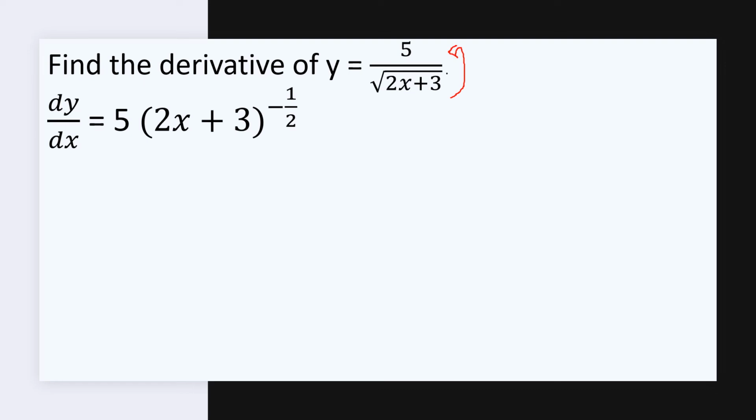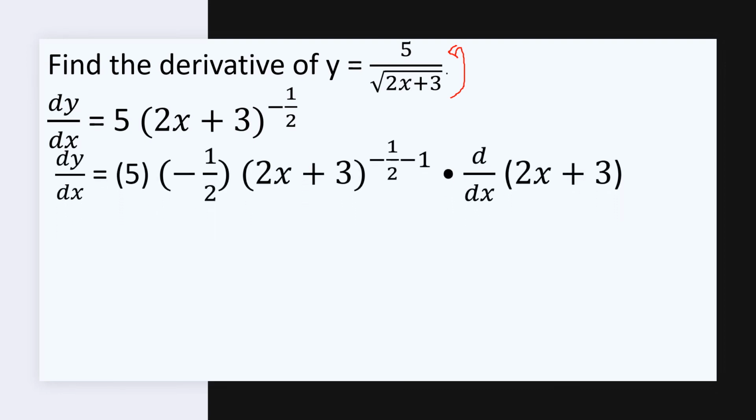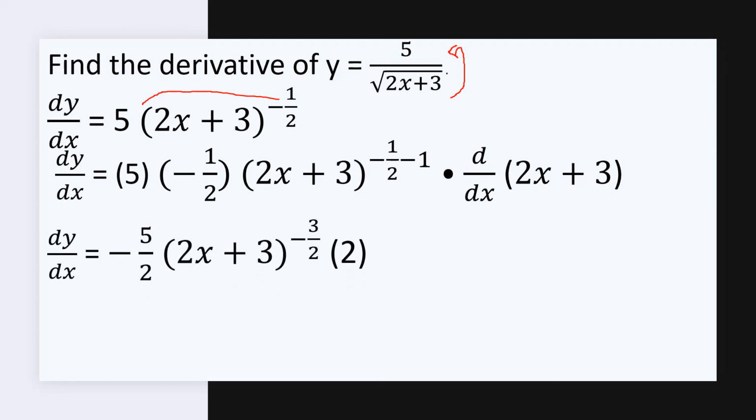Negative 1/2 times 5, then negative 1/2 minus 1 times the derivative of the inside, 2x plus 3. 5 times negative 1/2 is negative 5 halves.